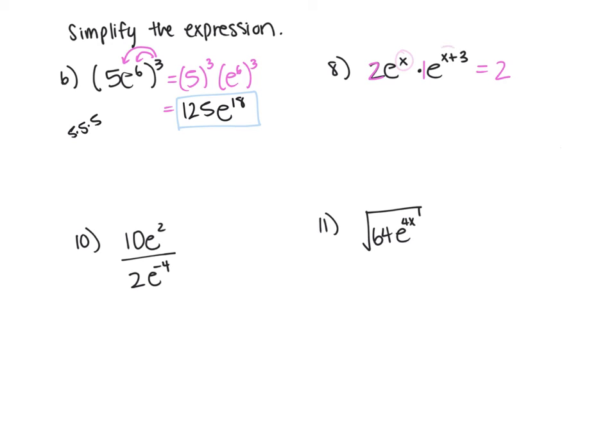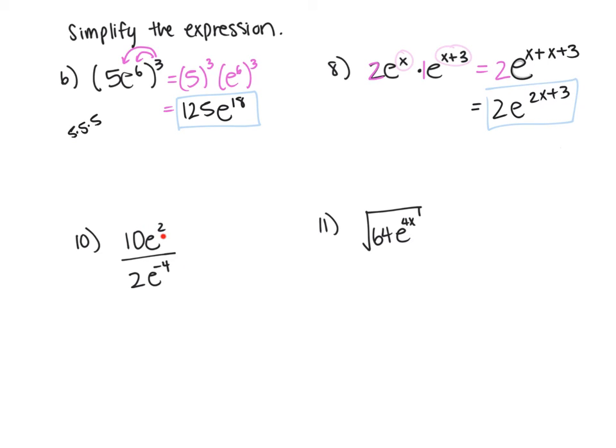So this is going to be x plus 3. And when I add the like terms, those x's will add. So this is going to be 2e to the 2x plus 3. I'll just carry down the 3. And then that's all I can do. So this is it.